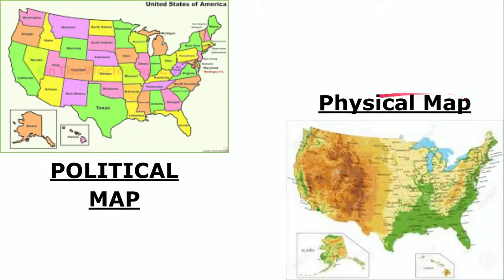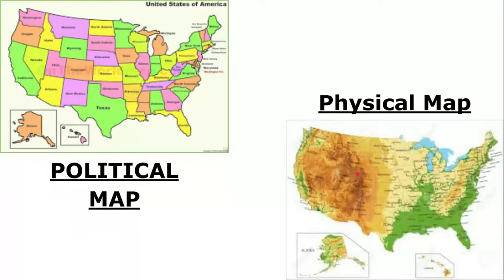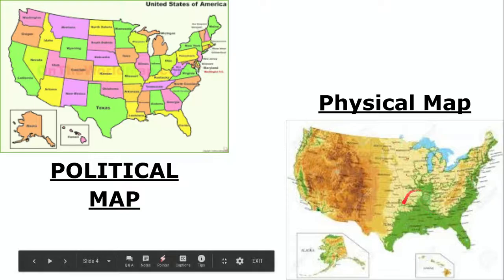A physical map shows physical features of the Earth. In this case, it's the United States. These dark brown areas here would be the mountains. These would be your Rocky Mountains. So they're high, they're dark, they're brown. Then over on this side, you can see in North Carolina, we have half green and half light brown. This green area right here is agricultural land.